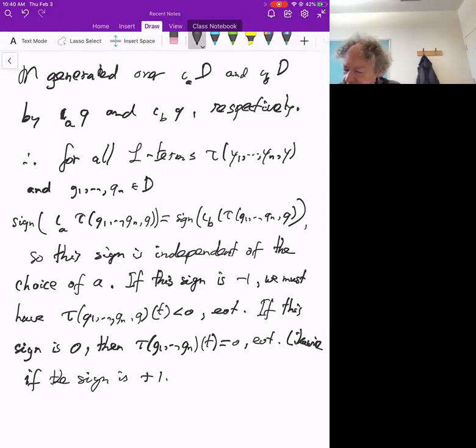But this iota A tau G1 up to Gn comma G is really tau G1 up to Gn comma G evaluated at A.